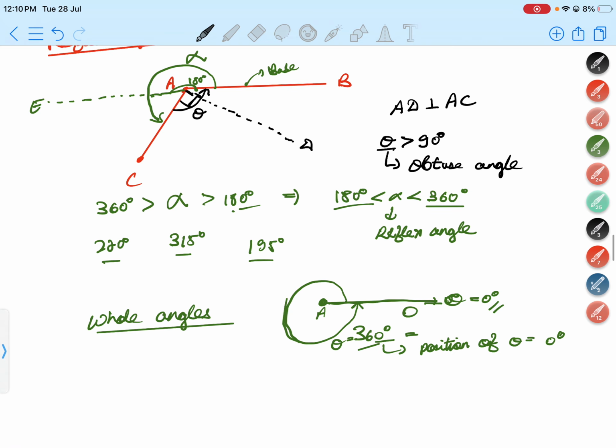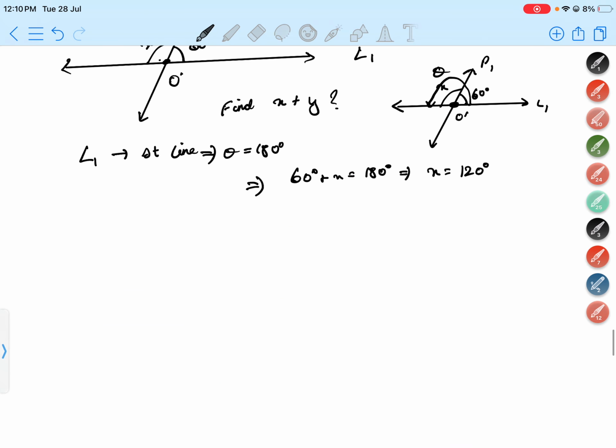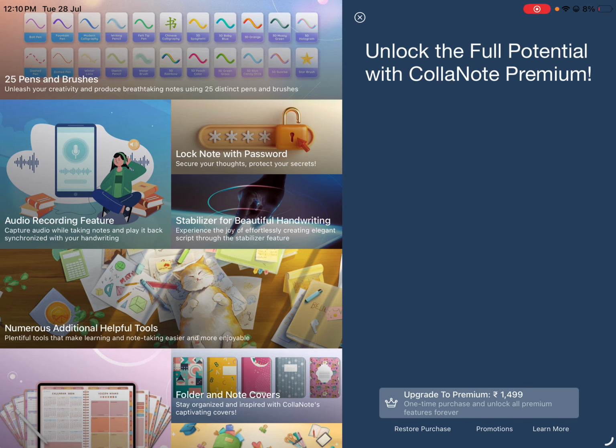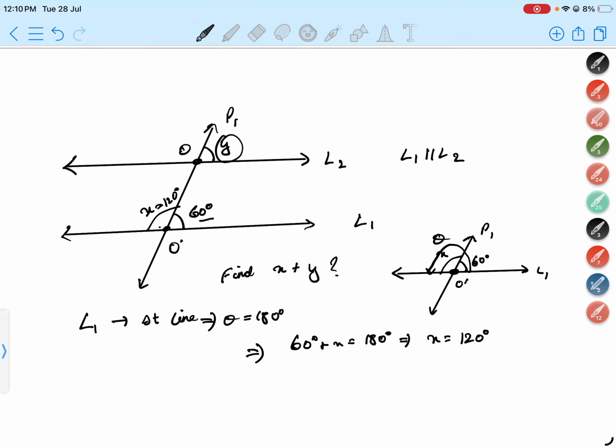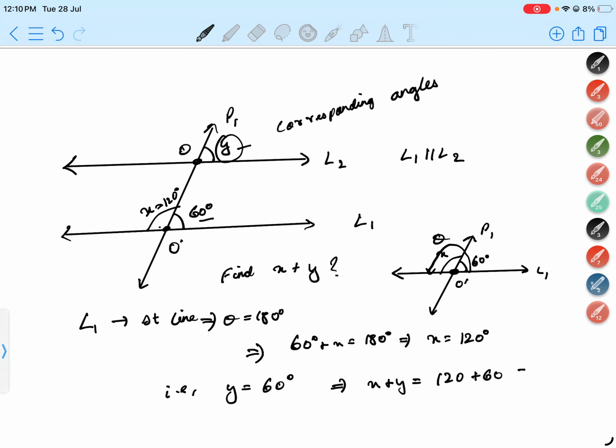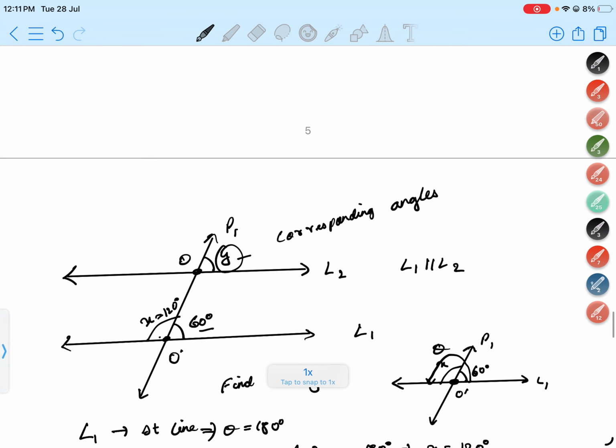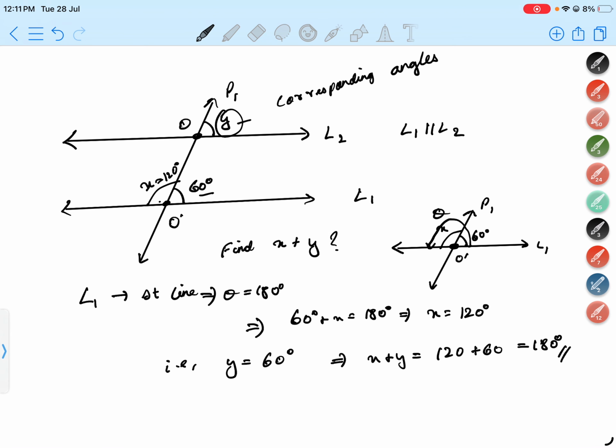So using the same concept over here, 60 degree and Y should be equal to each other because they are corresponding angles. And that is, Y will be equal to 60 degree. So X plus Y will give us 120 plus 60, it will give us 180 degree, and this is the answer. So yes, I hope you understood it, and if you did not, please let me know in the comment section.